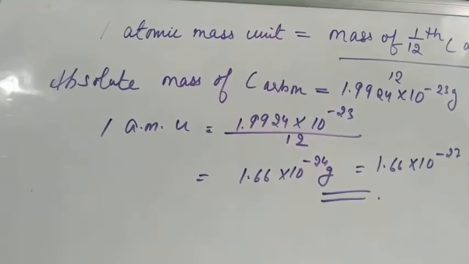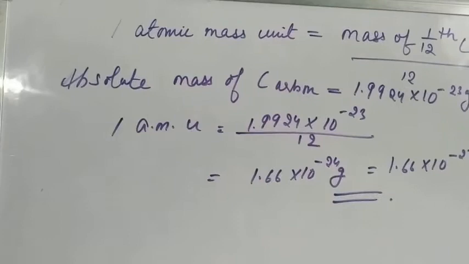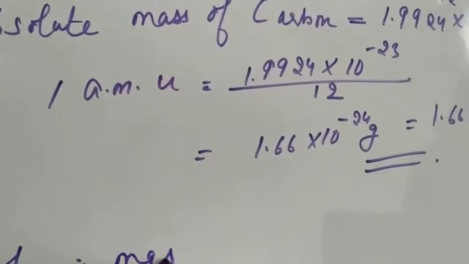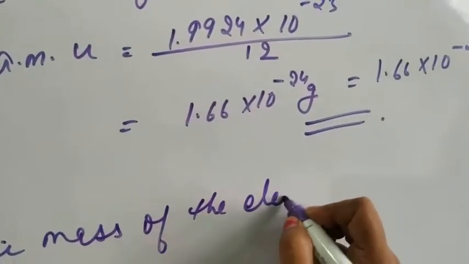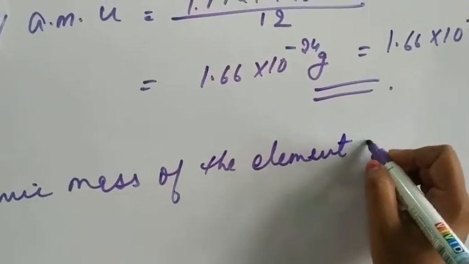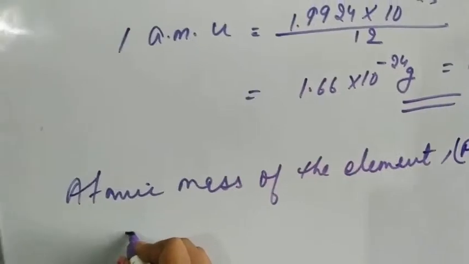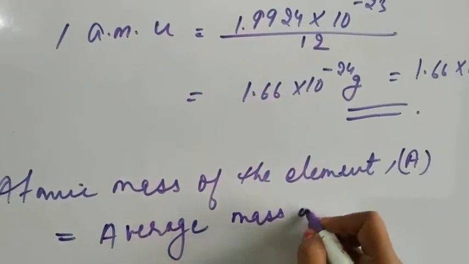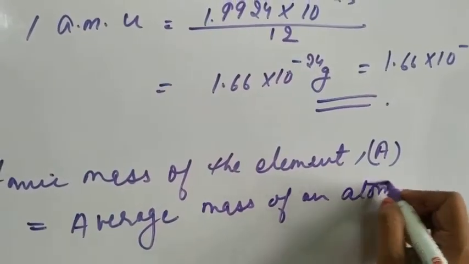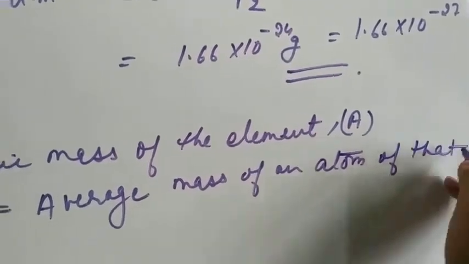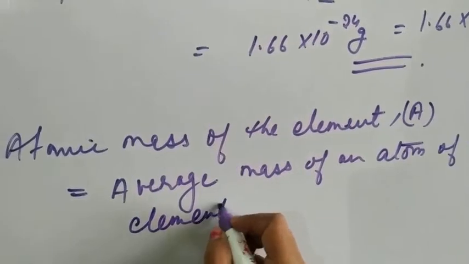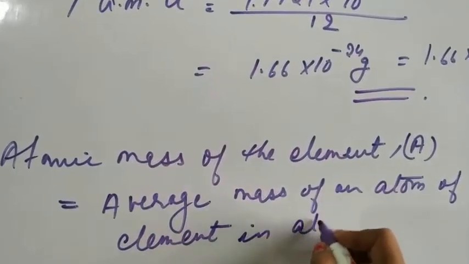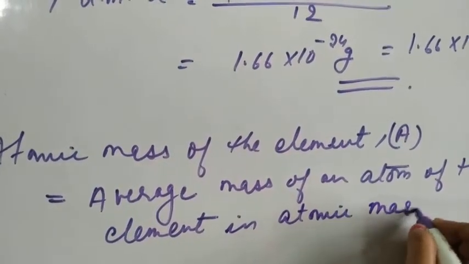Now what is the atomic mass of an element? If we want to define it, we say that the atomic mass of the element, denoted by A, is equal to the average mass of an atom of that element in atomic mass unit.